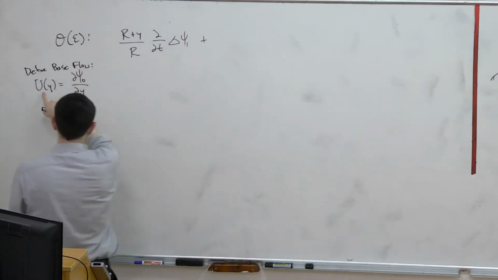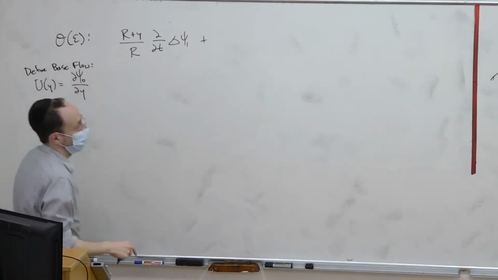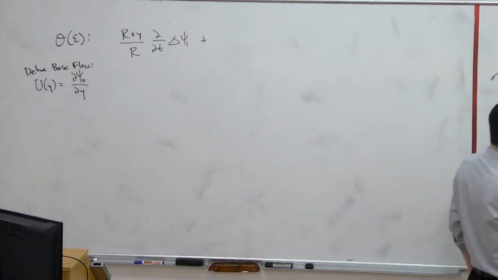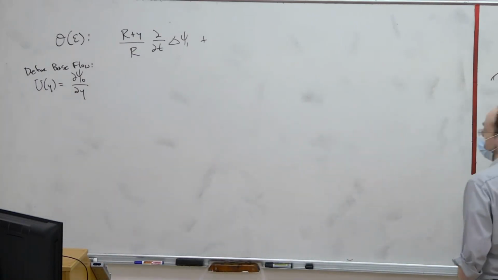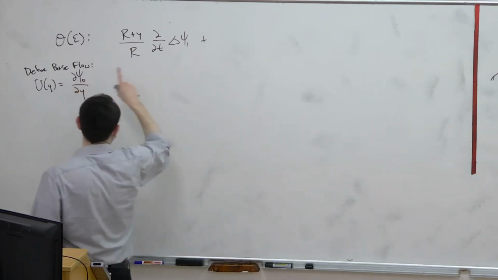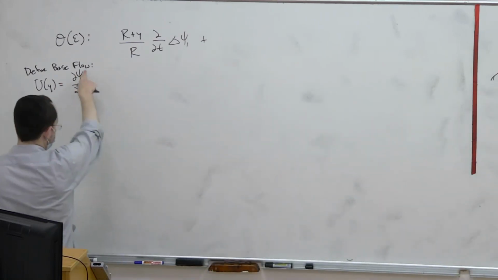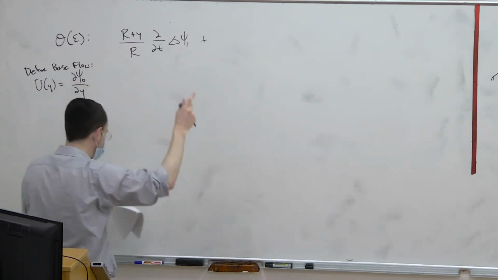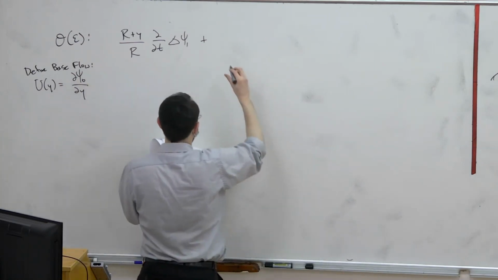If you want, you could call this u naught. But whatever the velocity field that corresponded to my quasi-parallel flow assumption, we're going to define that, and that way I don't have to write d psi naught dy. This makes all the notation much easier.